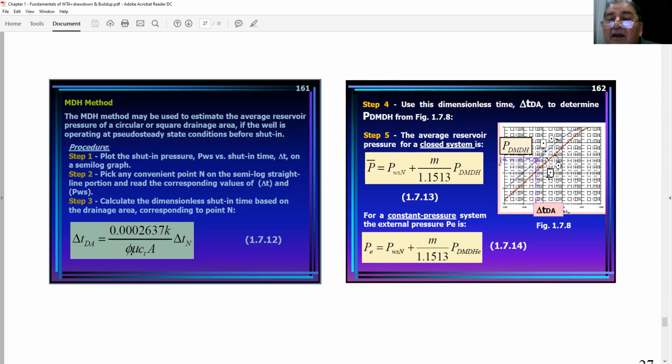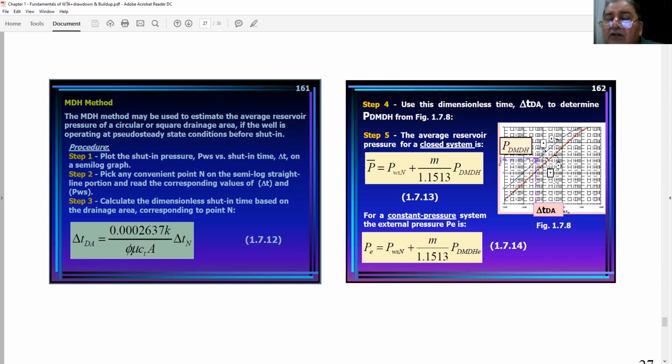The second one is for constant pressure reservoirs, when you have some water support, as if you have a strong water aquifer.